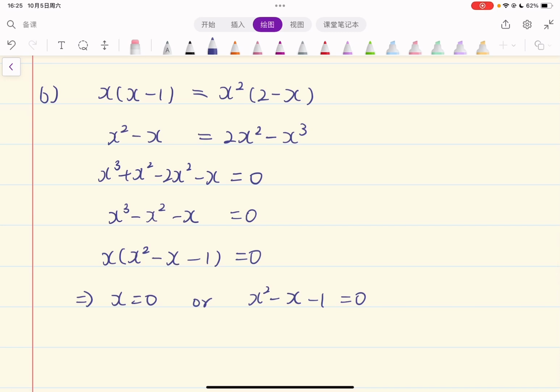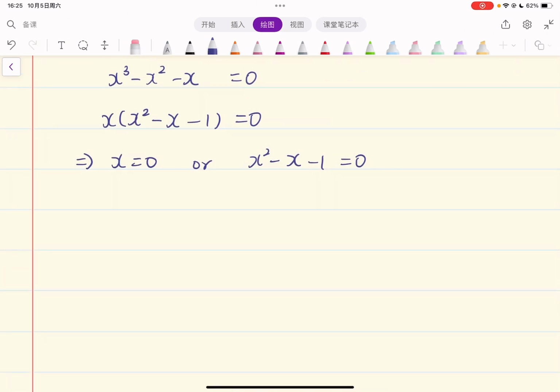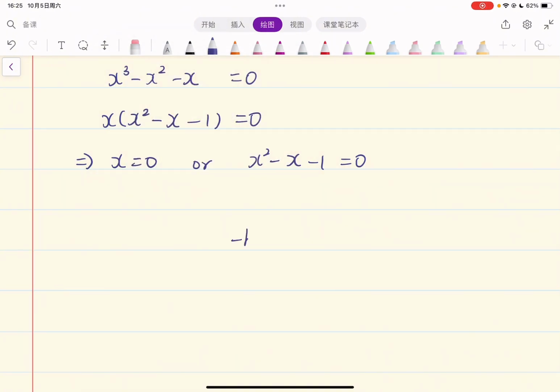We have a quadratic equation, so we can use the formula x equals minus b plus or minus the square root of b squared minus 4ac, over 2a, to find the solutions of this quadratic equation.